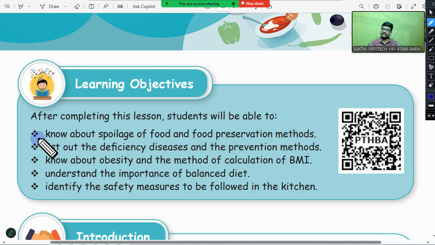Next sentence. List out the deficiency diseases and the prevention methods.